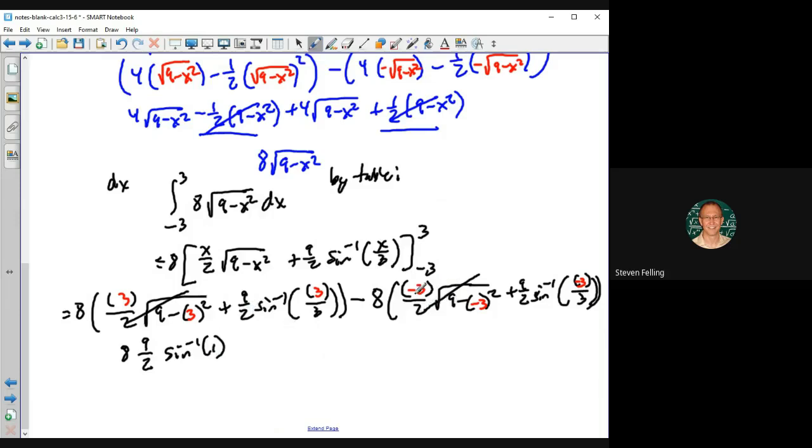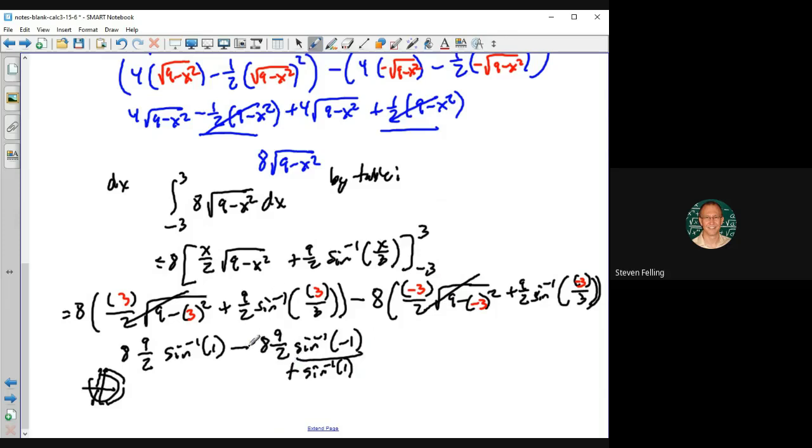This term goes away, but I would have minus 8 times 9 over 2 of the inverse sine of negative 1. And actually, if you think about it, if you take an angle and you take another angle, the signs are exactly the same but opposite, right? Sine is what we call an odd function. So this right here is the same as the negative of the inverse sine of just positive 1. So these add.